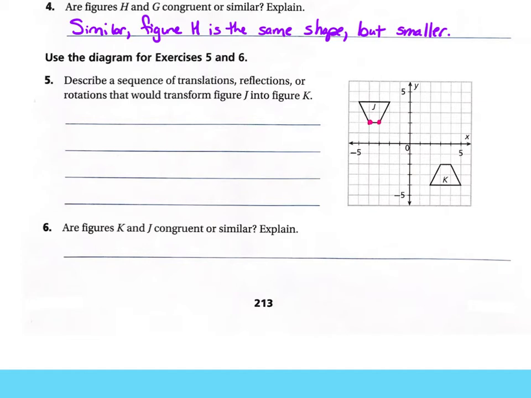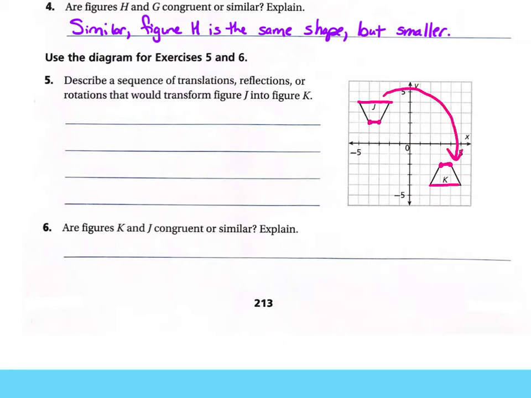This bottom part of figure J matches the top of figure K. The top of figure J matches the bottom of figure K, and they're both 2 units tall. So they are congruent, and it appears that maybe this is a 180-degree rotation because it went 2 quadrants across.